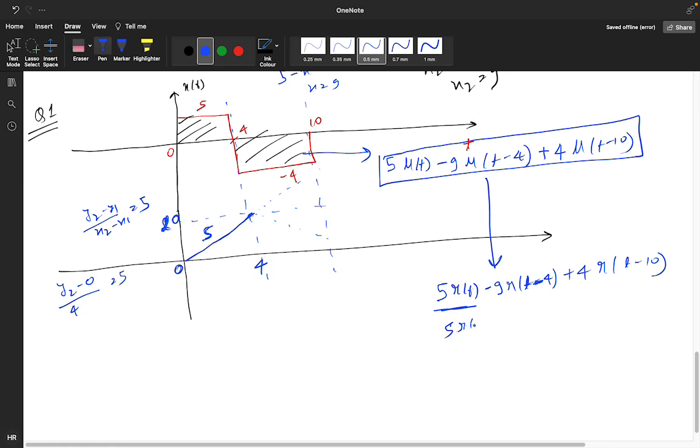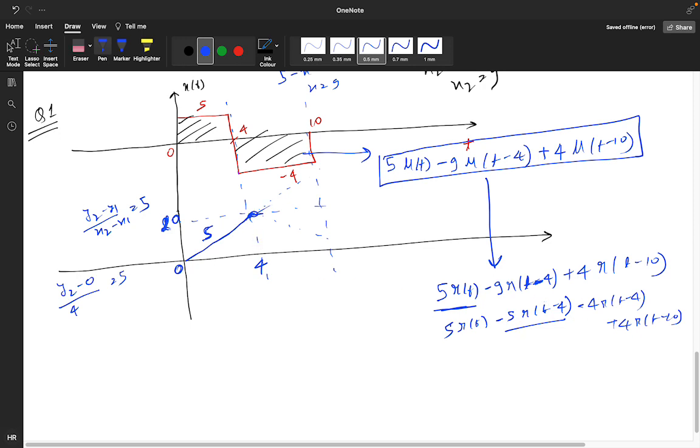So 5 r of t, I am writing it as minus 5 r of t minus 4, minus 4 r of t minus 4 plus 4 r of t minus 10. So it's cancelling. This point, we cancelled it.